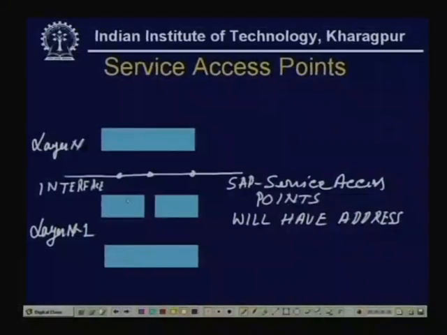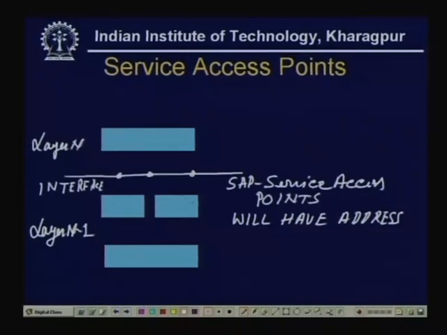So, if I want to use the telephone network for data communication, my handset has to be connected to the socket, and then I can get the services of the telephone system.